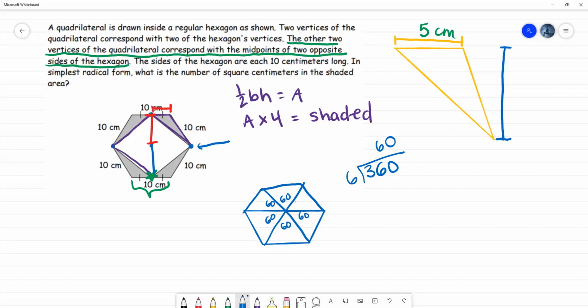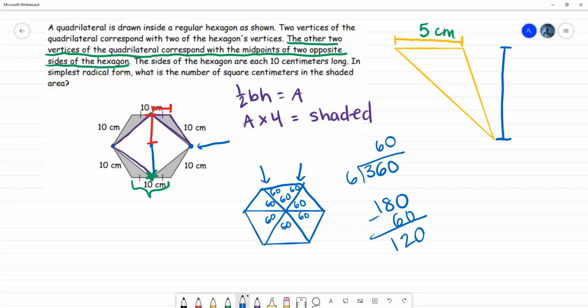We can also say that these two right here are 60 degrees because the triangles inside are isosceles. And we know that these two right here, 1, 2, have to be equal. So because we know that a whole triangle's interior angles add up to 180, we can subtract 60 and we get 120.